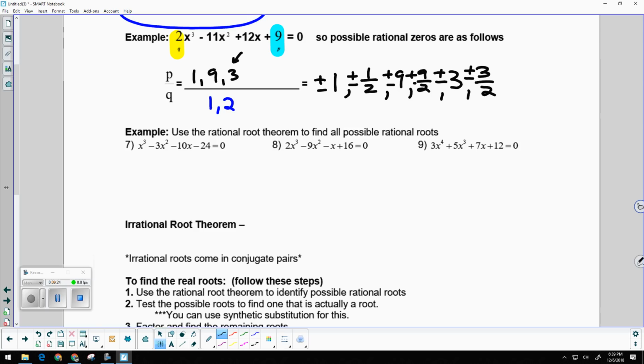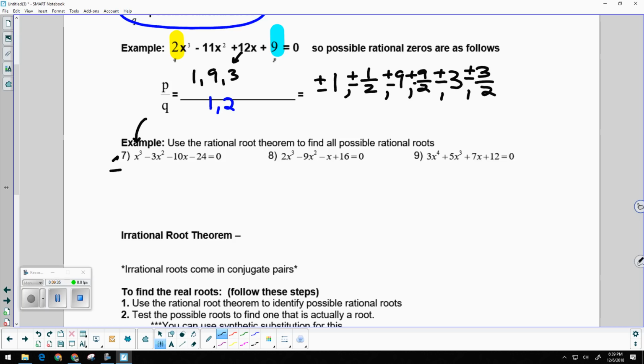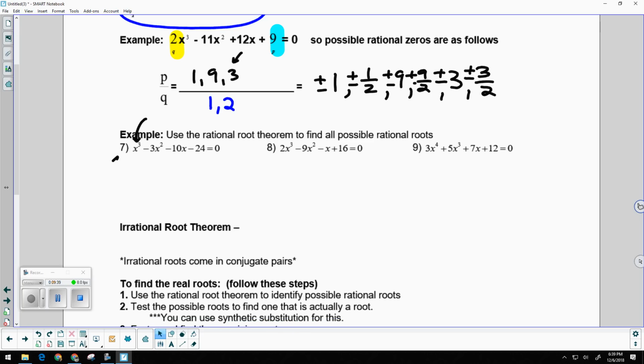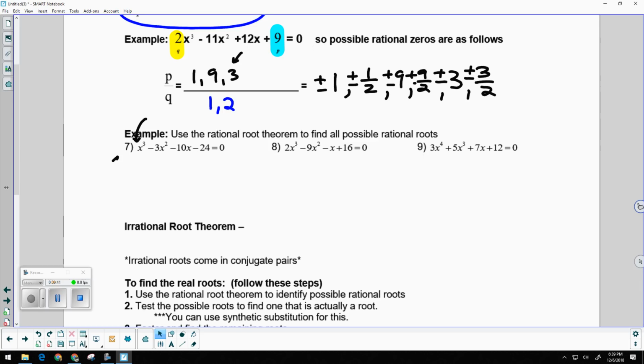So in number 7, my leading coefficient is this number in front of x cubed, which is 1. So 1 is my leading coefficient.